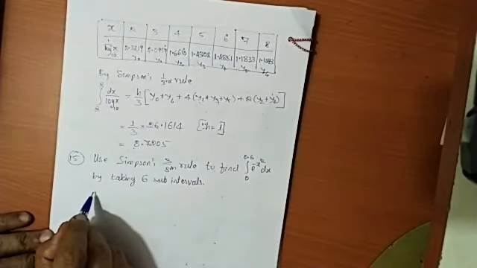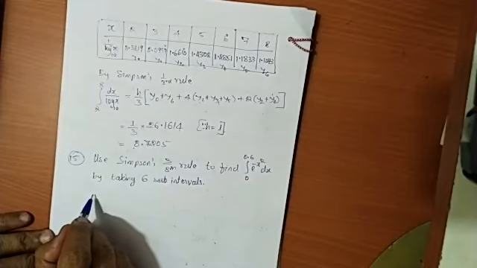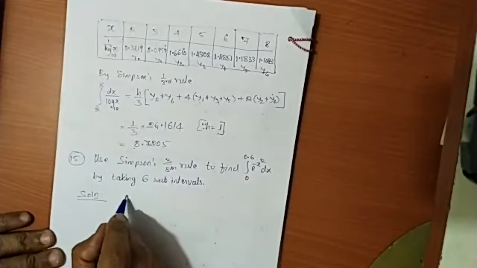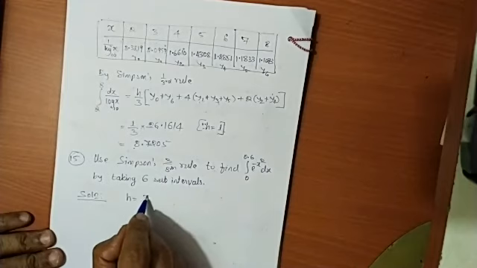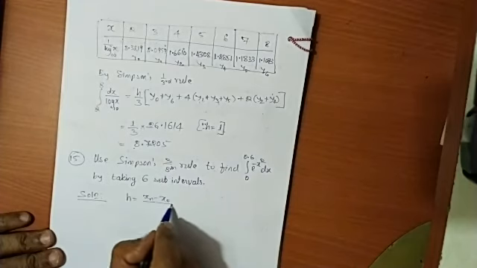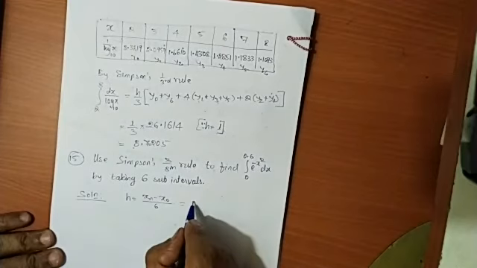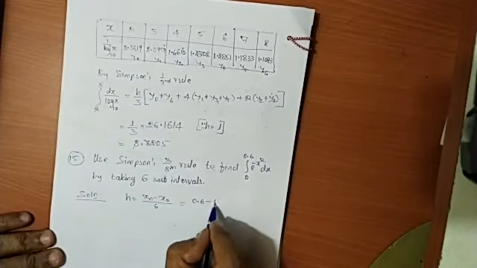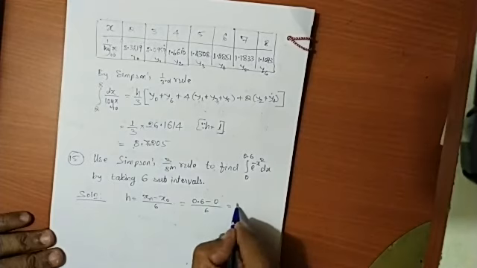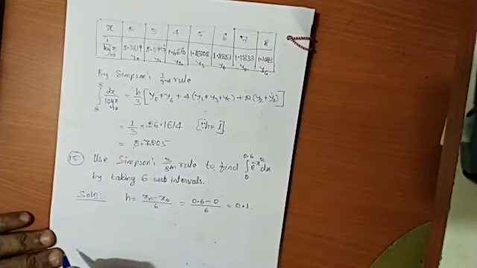Now I find out the values. So solution. My first step is what? I should find out h. H is what? Xn minus x naught by 6, because n is 6, he has asked for 6. So it is 0.6 minus 0 by 6. That means h is 0.1.